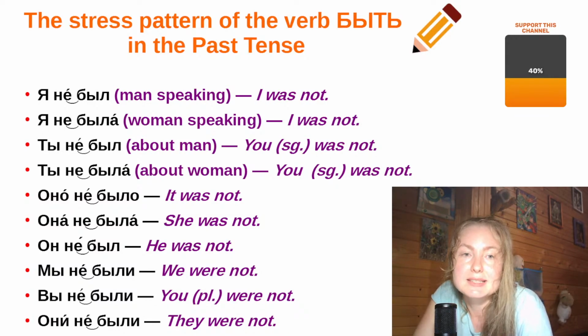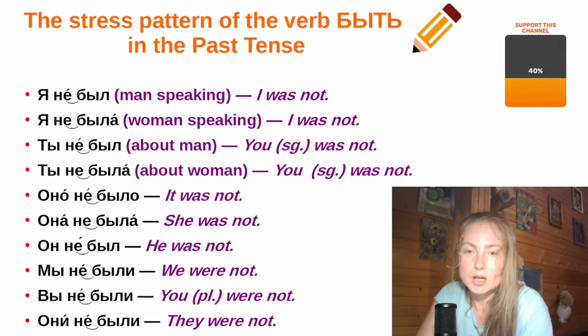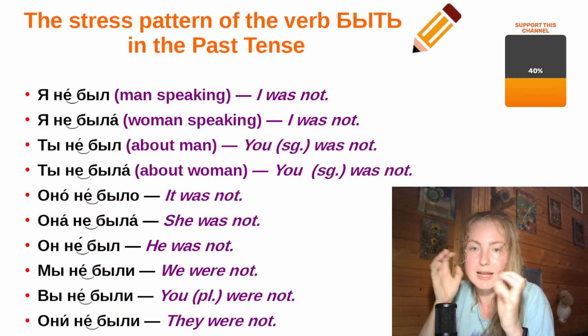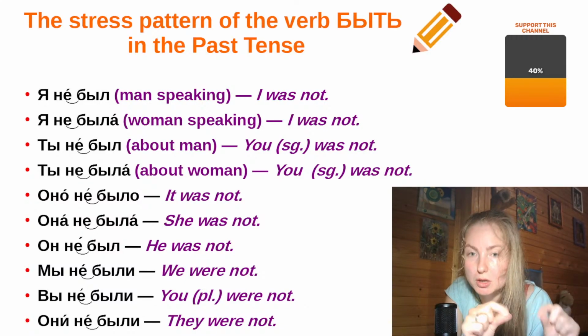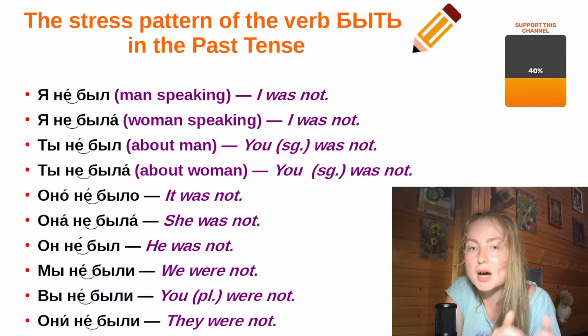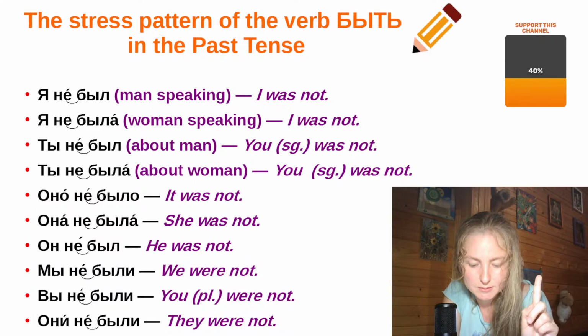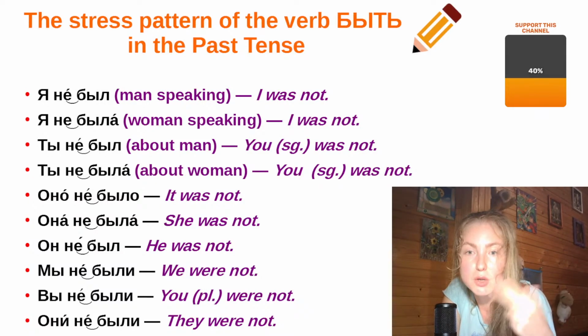So what happens? Я не был. The negative particle не and the form был combine together and produce the whole word, one unit. So formally we have two words, but in our flow of speech, you will hear only one word, like я не был.